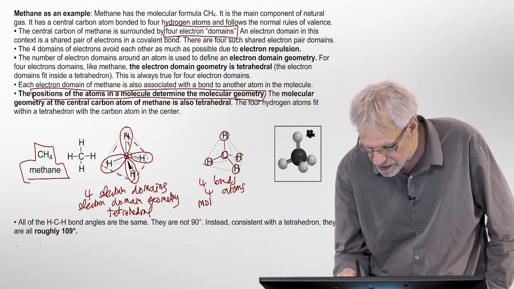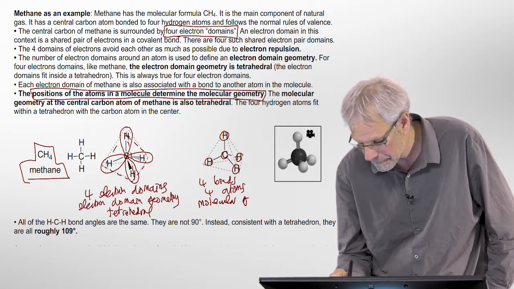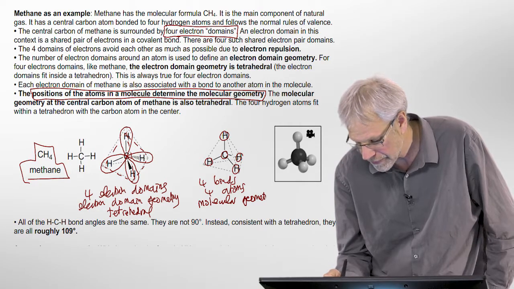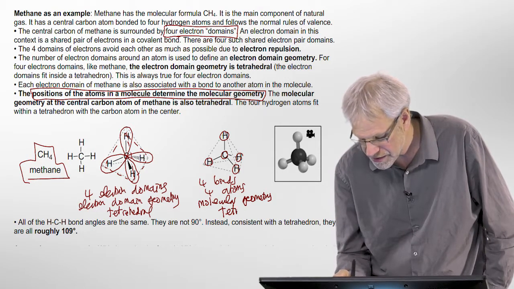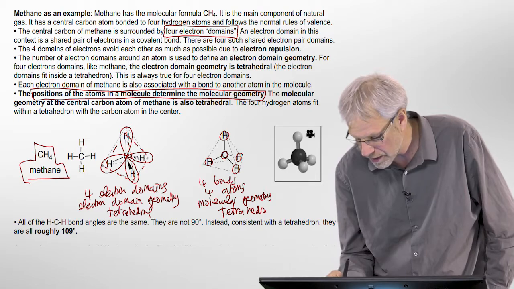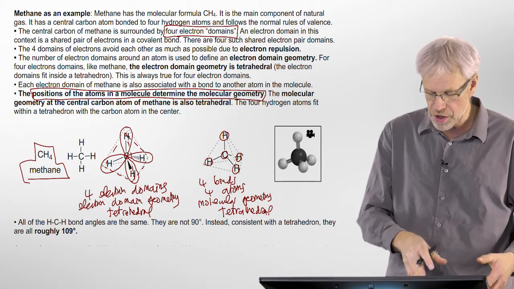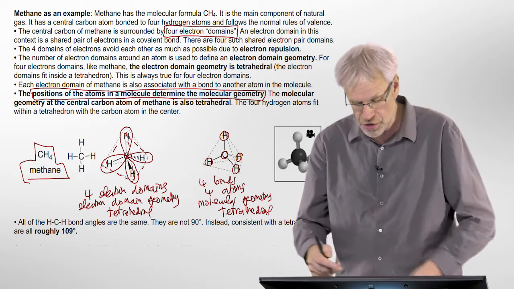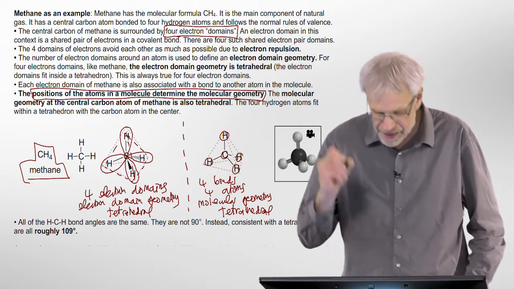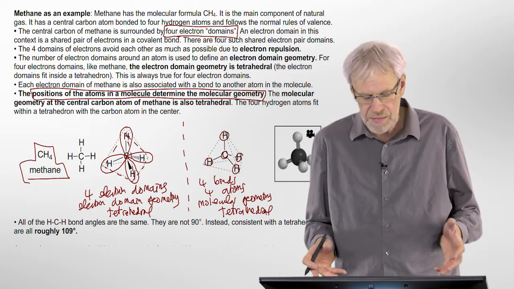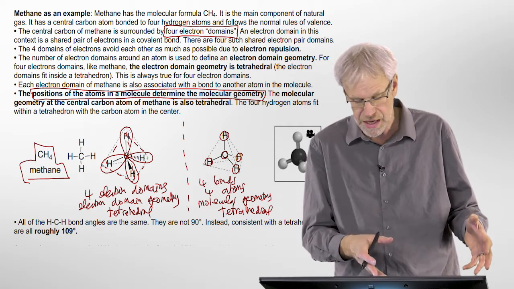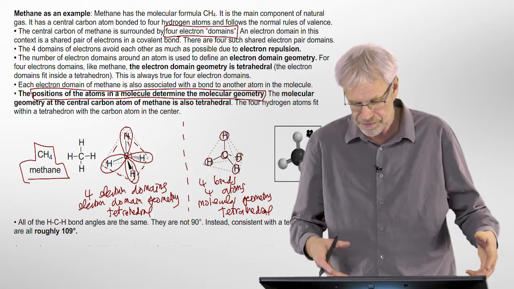And so the molecular geometry is also tetrahedral. So in this case, the electron domain geometry and the molecular geometry, 2 different things, turn out to be the same because each electron domain is associated with the position of another atom.